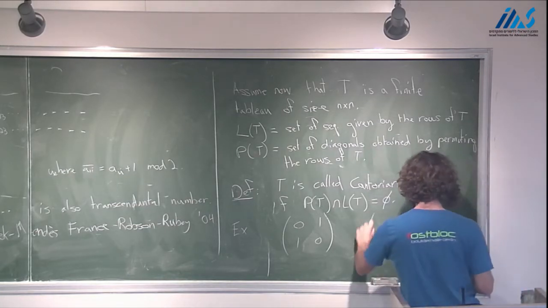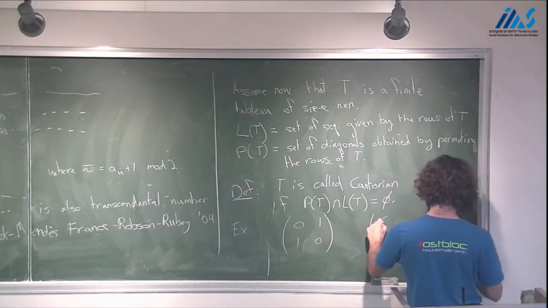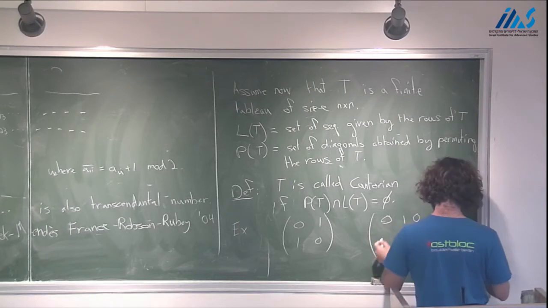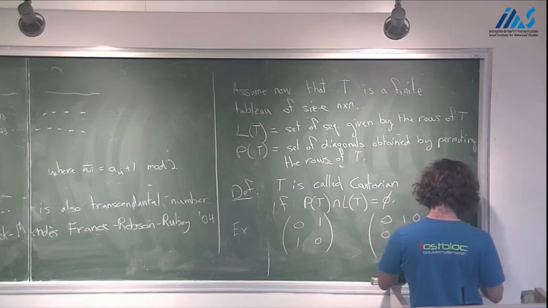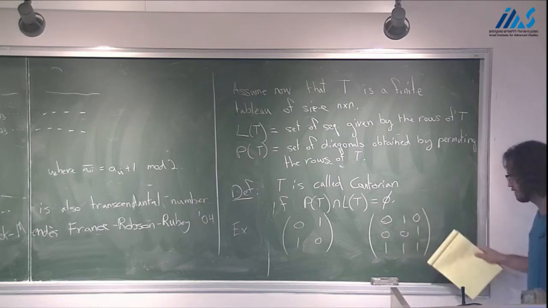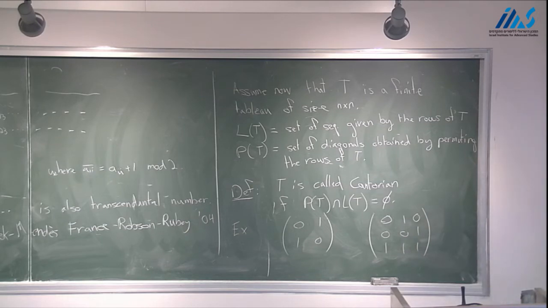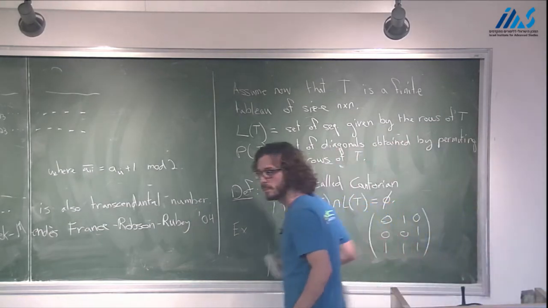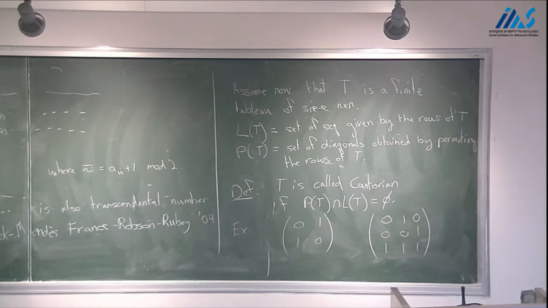Okay, and then this one: 0, 1, 0, 0, 0, 1, 1, 1, 1, 1. Is it Cantorian? Yes, exactly. Quite easy. Then, is it Cantorian by your definition? No.